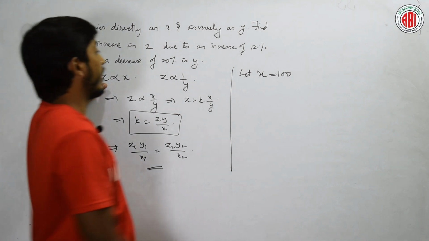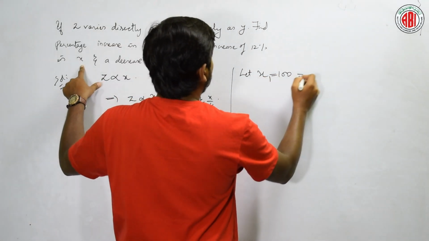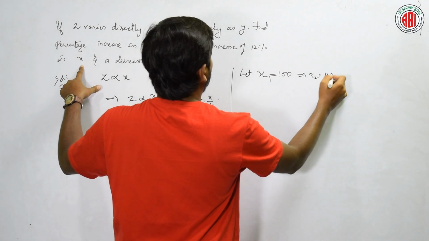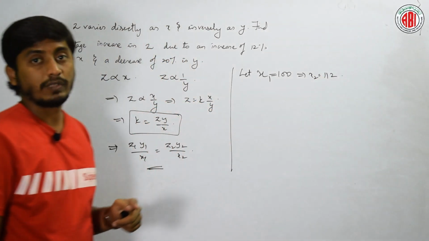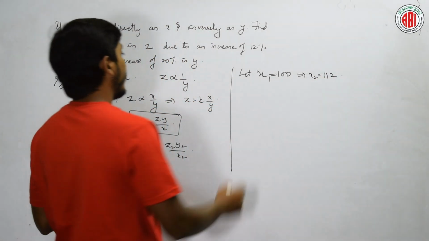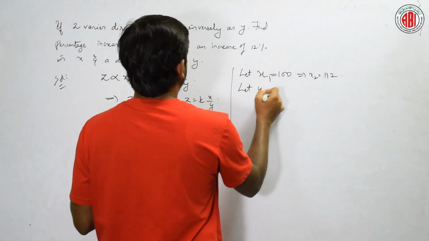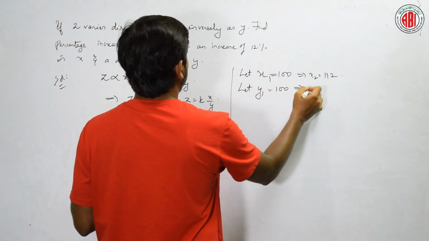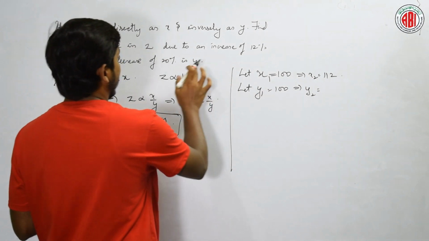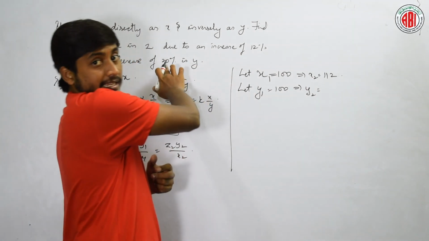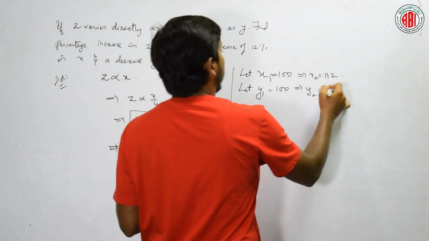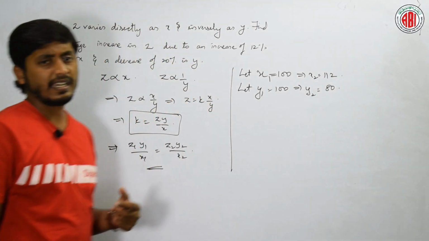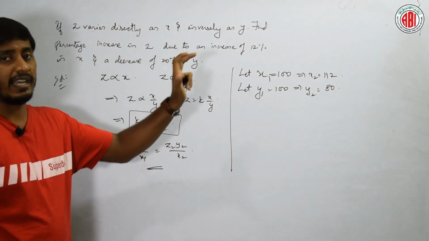Tell me. Therefore, if x1 is 100, then x2 will be 112. Clear? Fine. Next, let y1 be 100, then y2 will be 100 minus 20, as it is decreased, therefore it becomes 80. Is it clear? Let it be some number, put it like that.